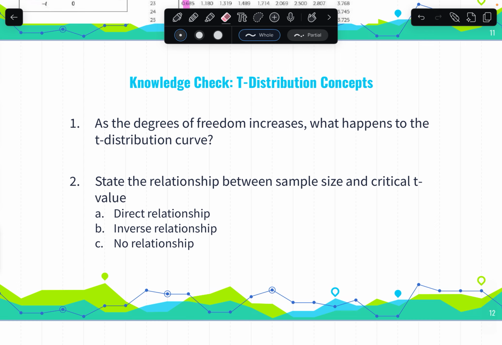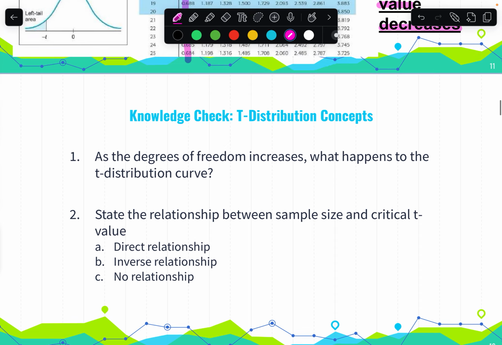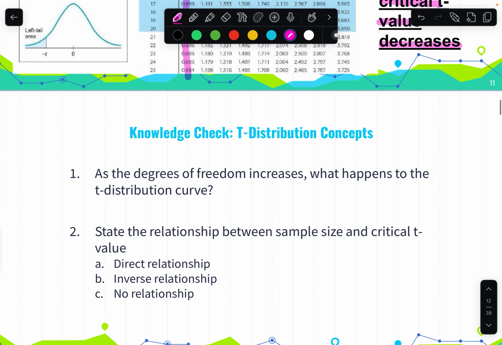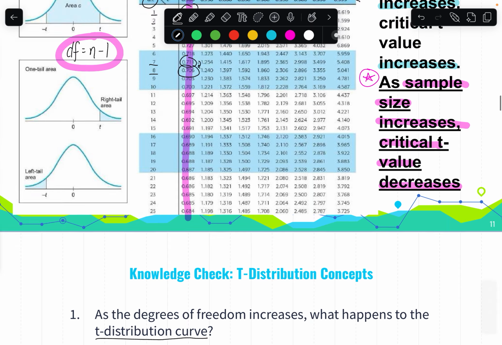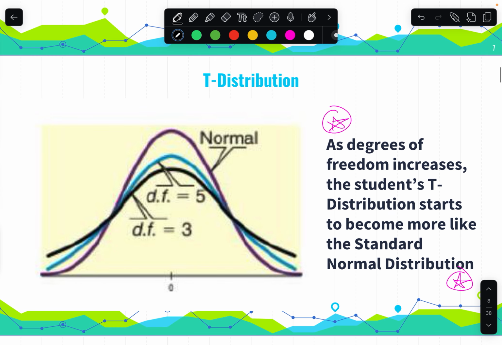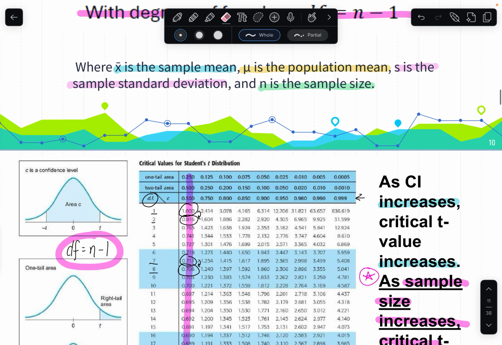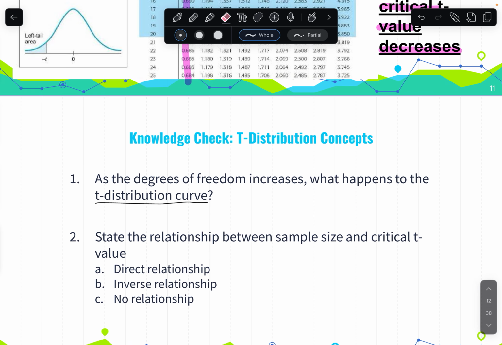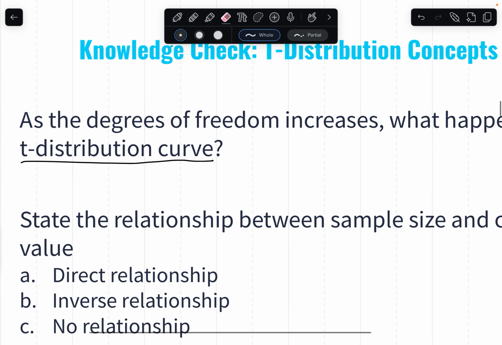All right, welcome back. The first problem is: as the degrees of freedom increases, what happens to the t-distribution curve? This goes back to slide 8. As we went from degrees of freedom of 3 to 5, we're increasing our degrees of freedom, and we know that it becomes more like the standard normal distribution. That's the big thing you want to recognize here.